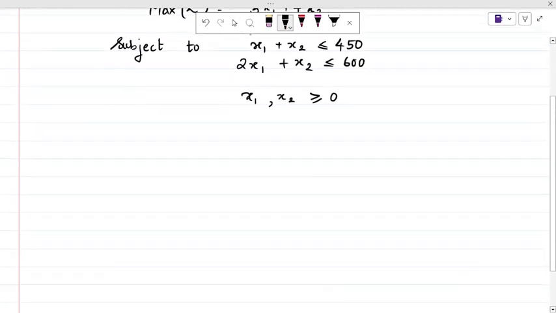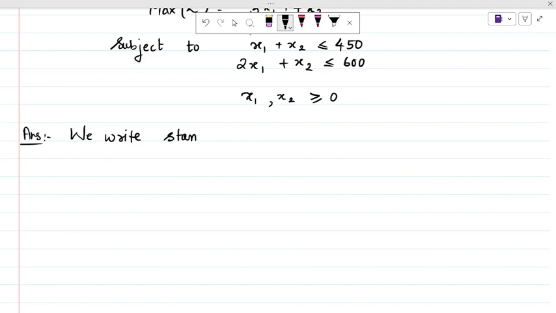So the first thing over here, we first need to convert our given question into standard form. So we write here the standard form of the given LPP.